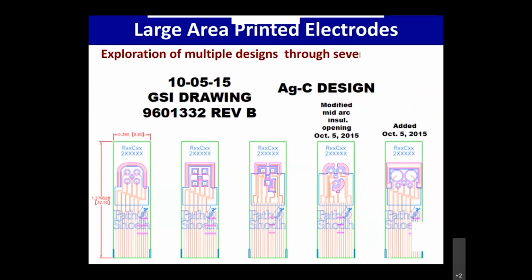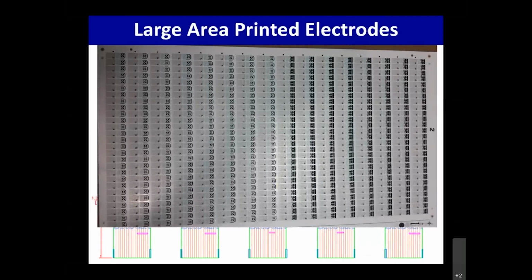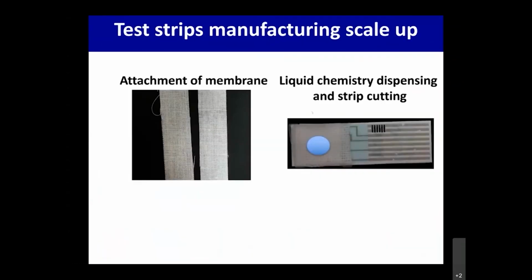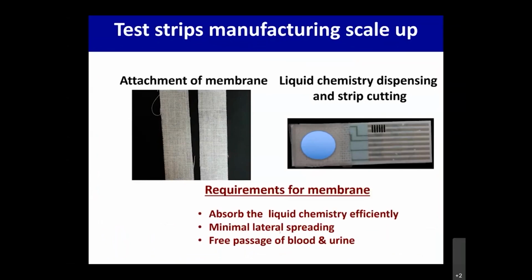And once these are manufactured at large scale, you need to convert them into sensor. And the way you do that is essentially you put a membrane on top of this working electrode or an electrochemical cell, and the details of the membranes are extremely important, right? Because the membrane should be such that it absorbs the liquid chemistry, but at the same time, it should let the blood or urine pass through, right?